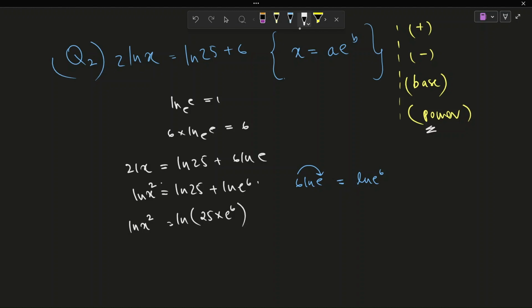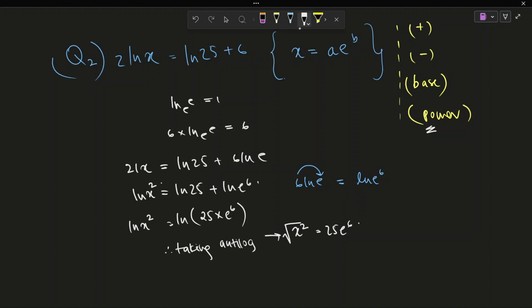Now, since we can cancel out the logarithms or the natural logarithms, let's write taking antilog. Remember, if you don't write this, they'll laugh at you, so write this always. And after that, we're going to get this. X squared equals 25 e to the power 6.